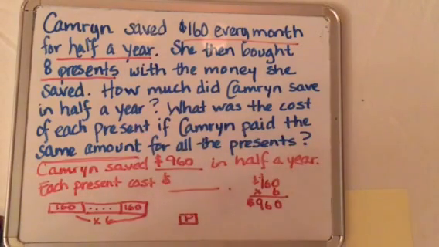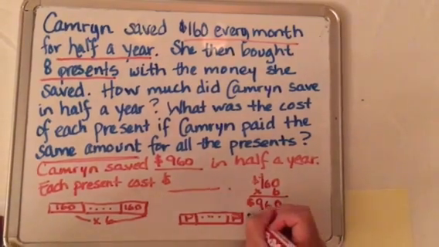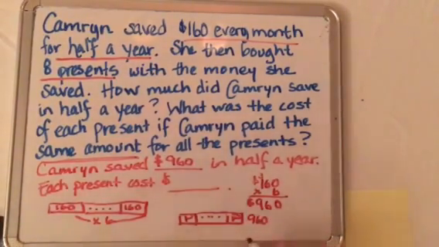I'm writing a P here for presents. I'm going to write my dots, my ellipse, another P. And I'm showing that that total is 960, and it's being divided by 8.